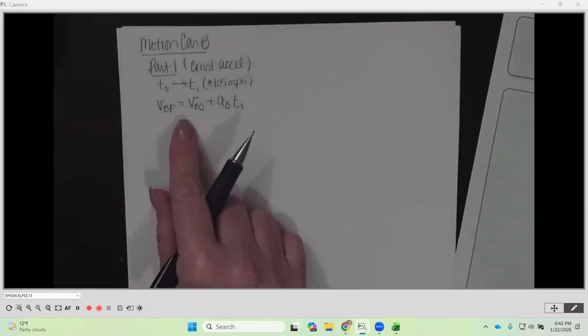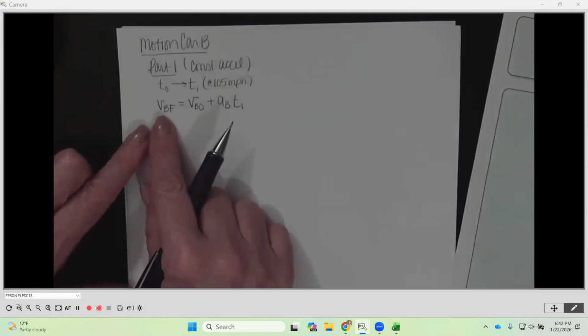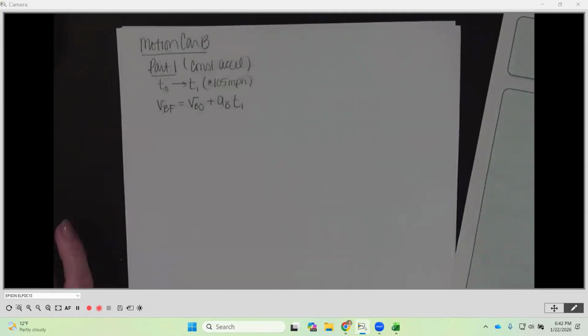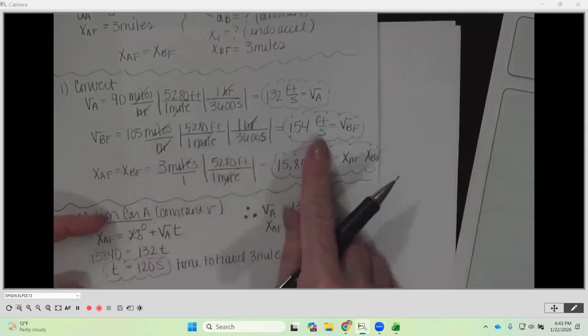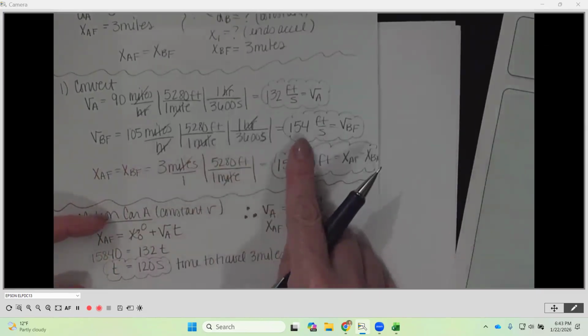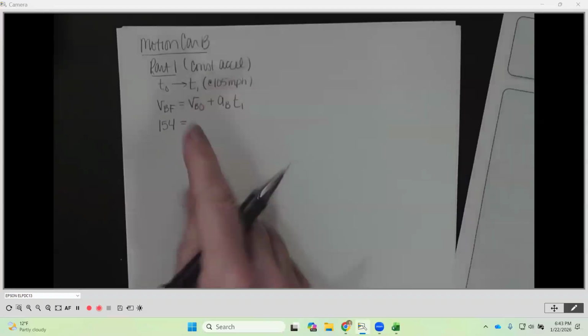So based on our numbers here, our velocity BF in feet per second is 154. That's our number, so 154 on this side.